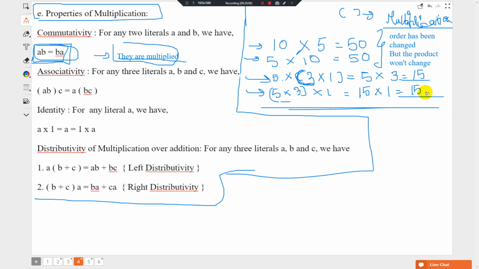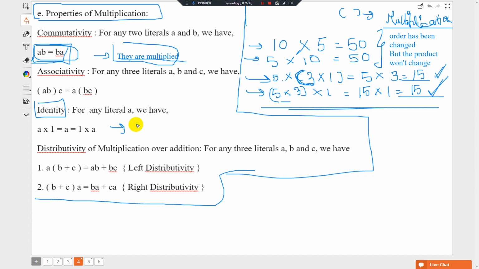See, the answer remains. Now for identity. Multiplicative identity is 1. So a into 1 is equal to a, which is equal to 1 into a.